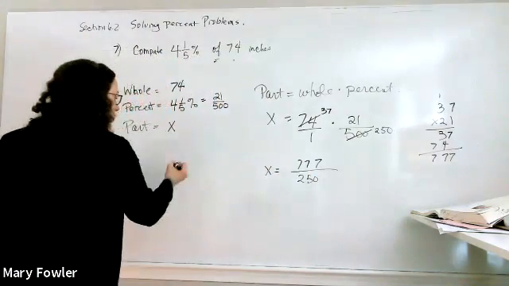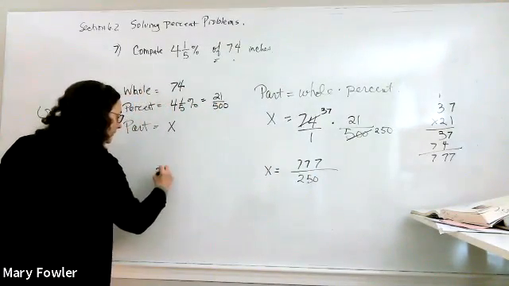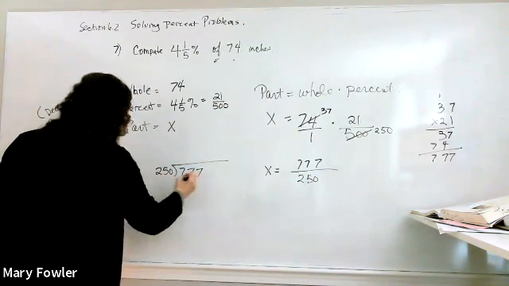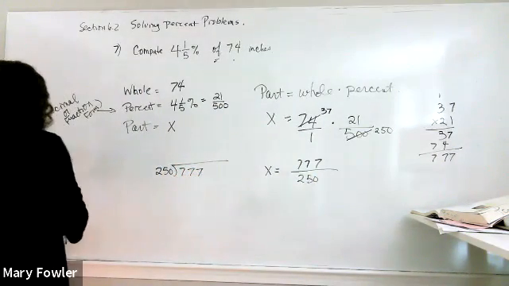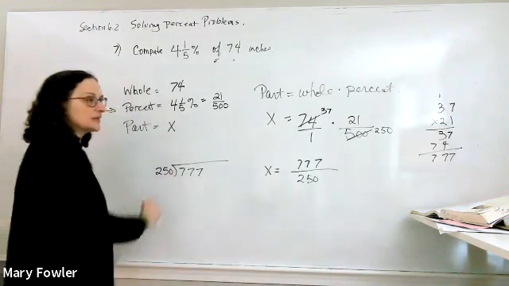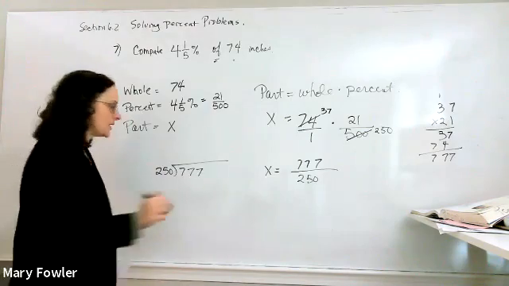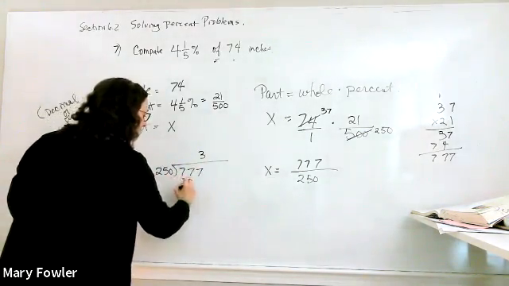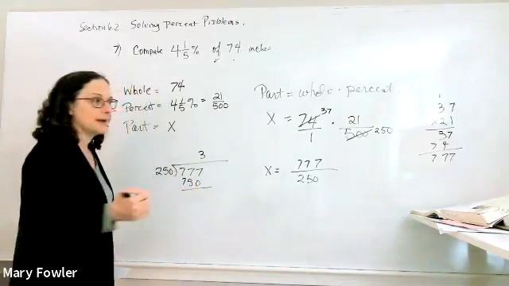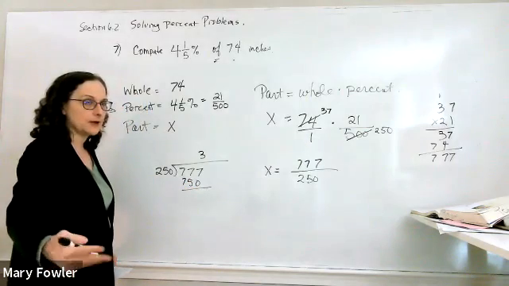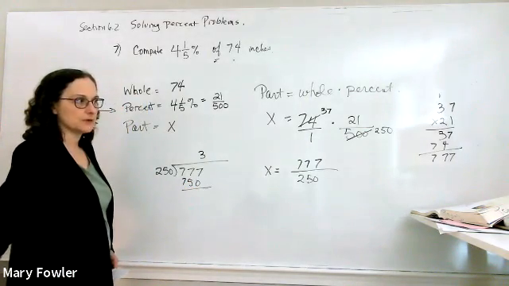So the problem becomes a lot of arithmetic. Okay, and 250 goes into 777 3 times, because 3 times 250 is 750. And I know if I had $2.50, and another $2.50, that would be $5, and another $2.50 is $7.50.